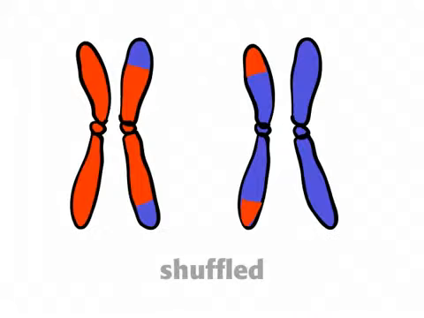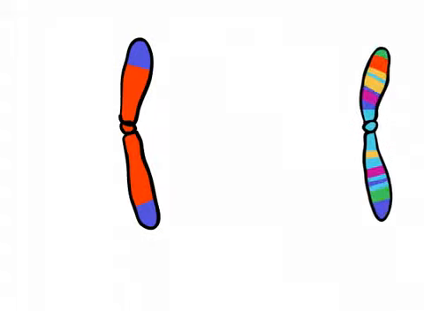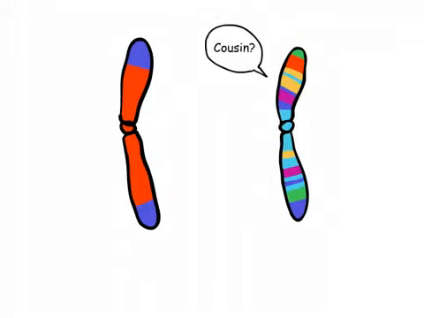Because your genes get shuffled during recombination, the chromosomes you pass along to your children are not exactly the same as the ones you inherited from your parents. This makes it hard to use most of your chromosomes to trace your genealogy back very far.